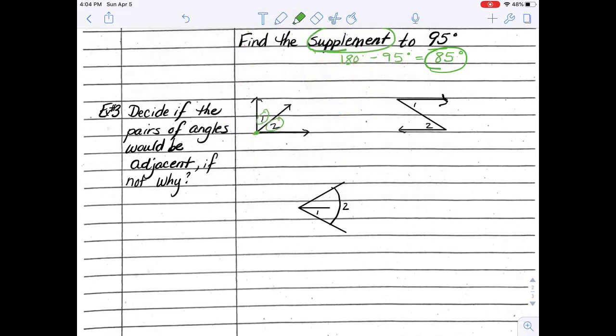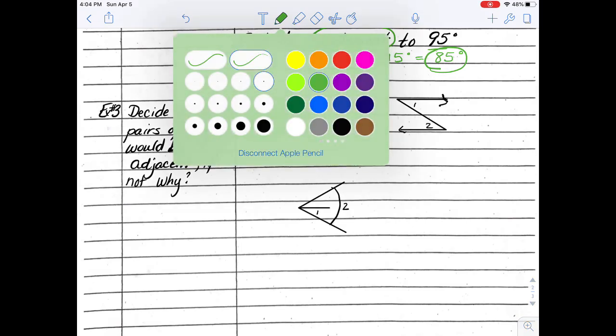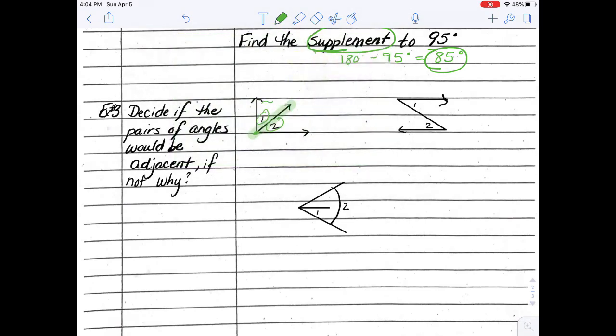And do they share a side? They do. And when I look at the interior angles, would they have any that overlap, or are they separate? They are definitely separate, no common interior points. So yes, these are adjacent.